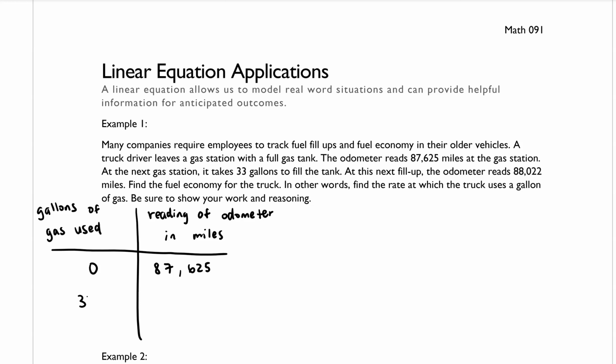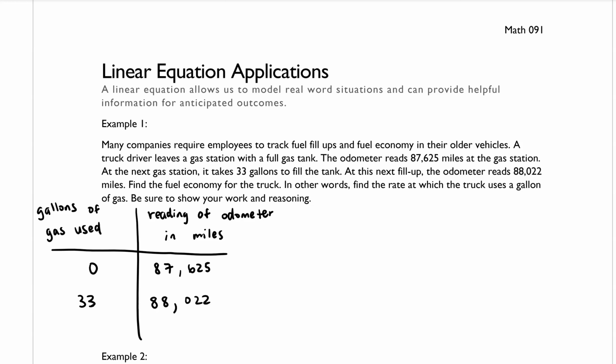Later, the truck fills up, and so we know that it ended up using 33 gallons of gas because that's how much it took to fill the tank. And at that instance, the odometer read 88,022 miles.